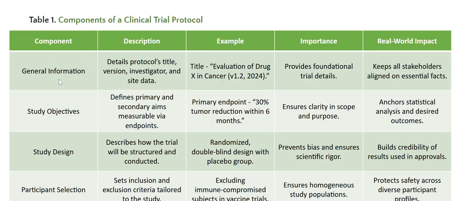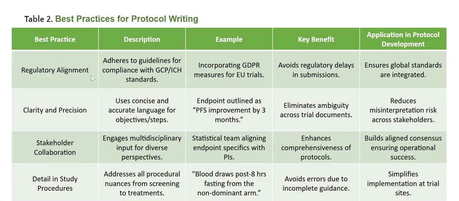Components: general information, study objectives, study design, participant selection, statistical analysis plan. Another table on best practices for protocol writing: best practice, description, example, key benefit, application in protocol development. Best practices: regulatory alignment, clarity and precision, stakeholder collaboration, detail in study procedures, early draft synopsis.